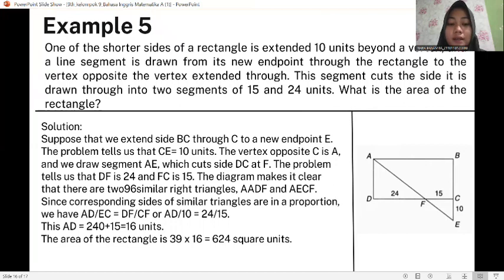So AD divided by 10, because CE equals 10, equals 24 divided by 15.